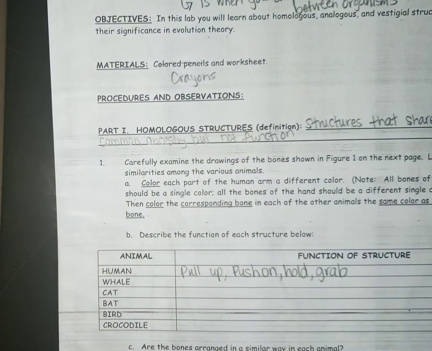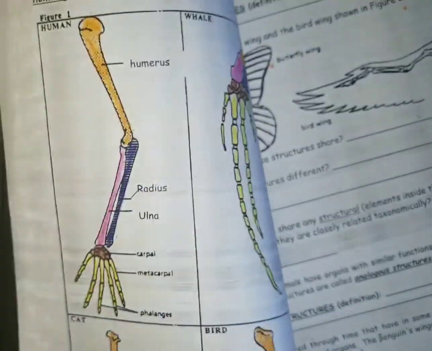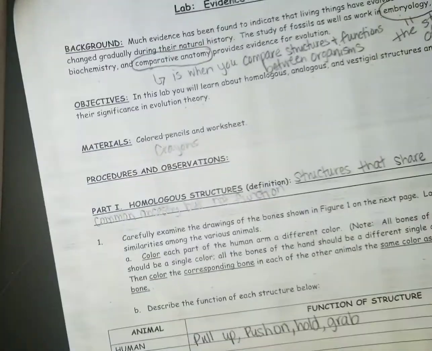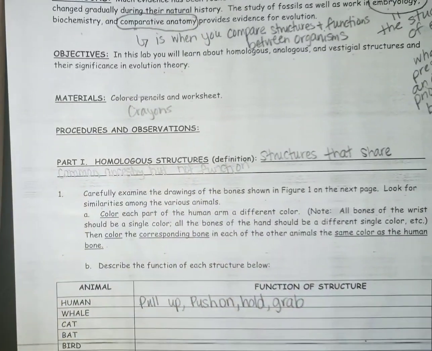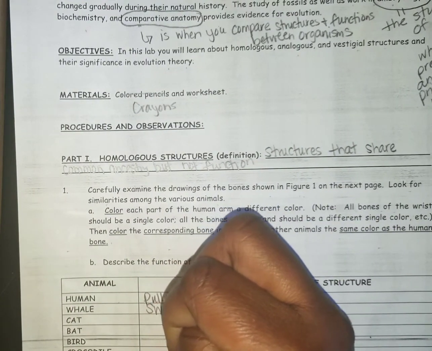Okay, all of those things. Well, let's look at the whale structure. This looks like it's part of the fin. So what do we use the fin for if we're a whale in the big ocean? We use it, of course, to swim.